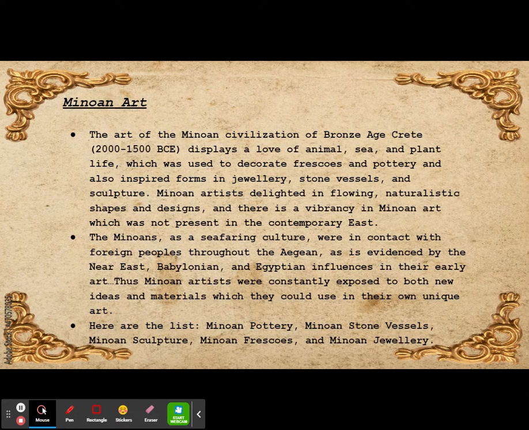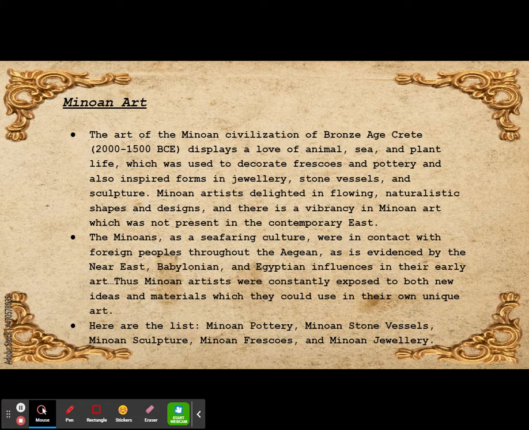Of course, this is going to be the Minoan art now. In this information, I found that the Minoan civilization was of a Bronze Age era, and that was in the 2000s through 1500 BC. They displayed a love of animals, sea, and plant life, which is used to discover fossils and also pots.